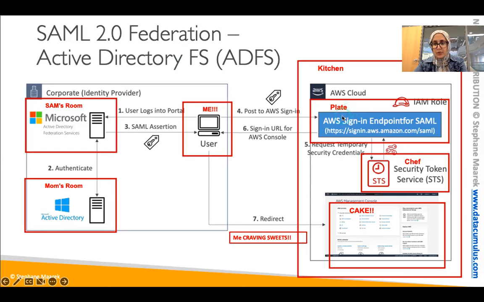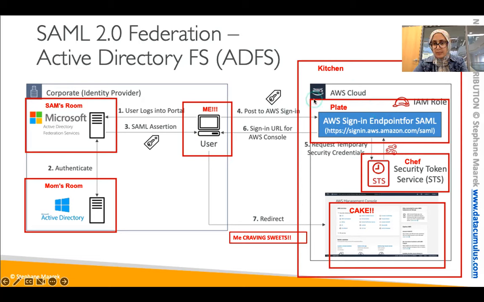And then again, I go through the AWS sign-in URL, and I'm also going to be using an IAM role. Again, I will be talking about IAM role later on, but it's actually, I would say, a temporary access to a service, right? So I'm assuming a role so that I'm able to access certain services. I consider that as a plate, and then again, I need to go through the chef.